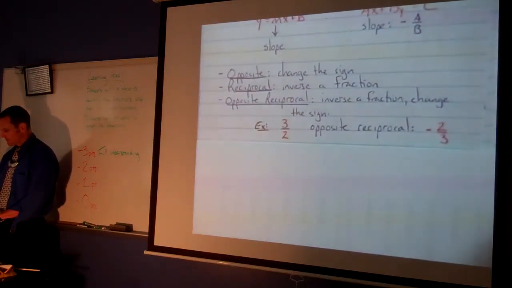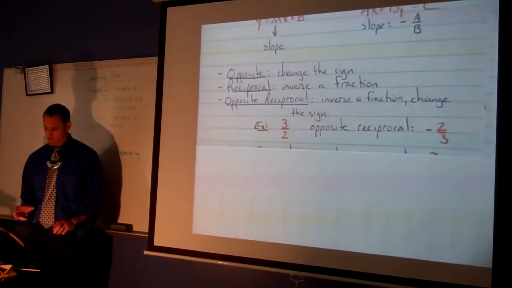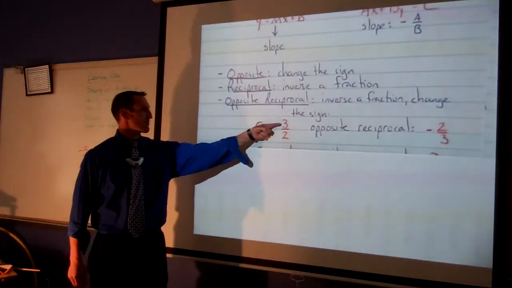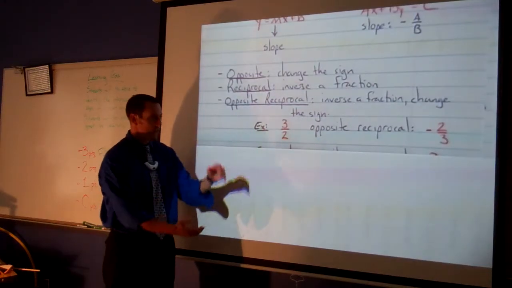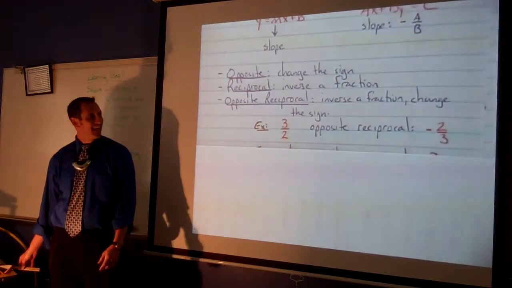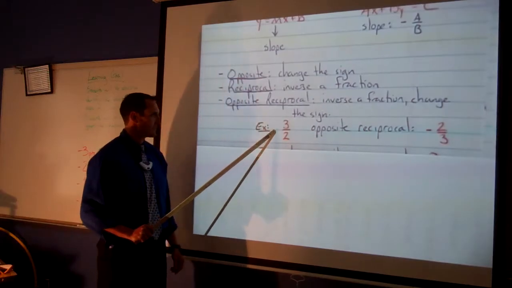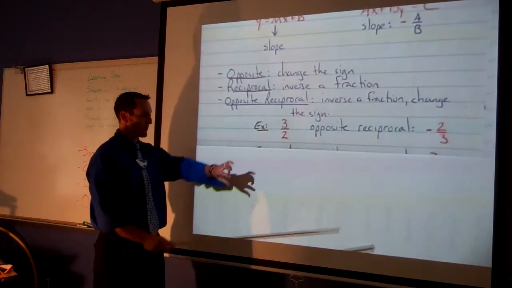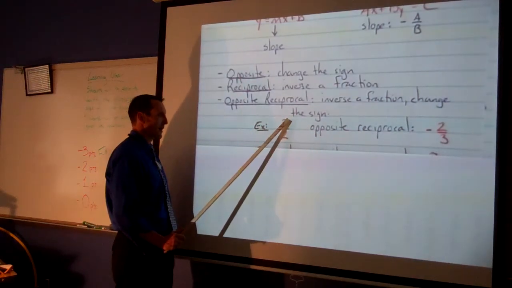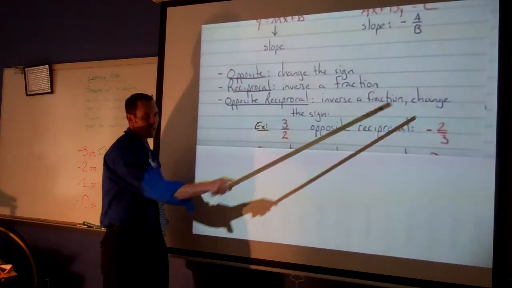I'll do a few examples of opposite reciprocal. If we have the number 3 over 2, opposite reciprocal: flip it, change the sign. It becomes negative because it was positive. Reciprocal means flip the fraction, so the opposite reciprocal of 3 over 2 is negative 2 over 3.